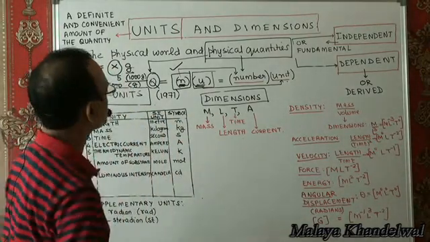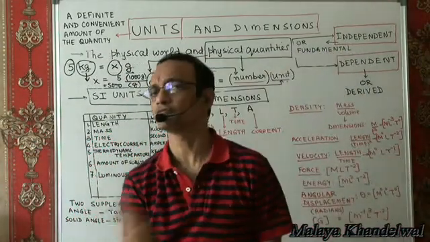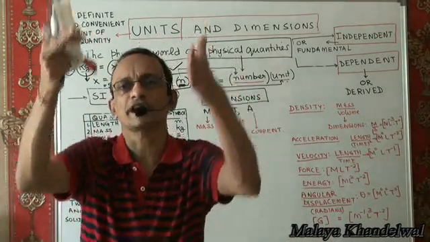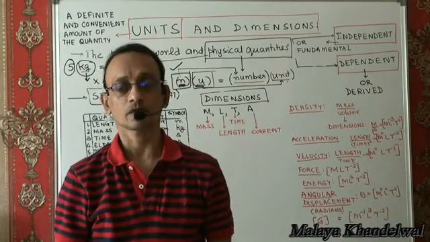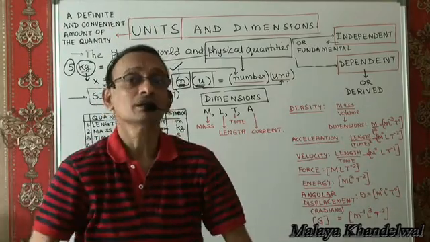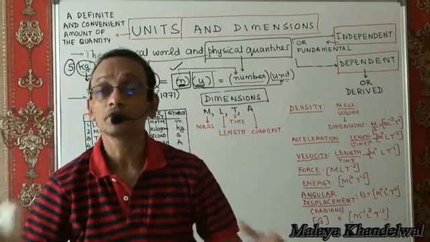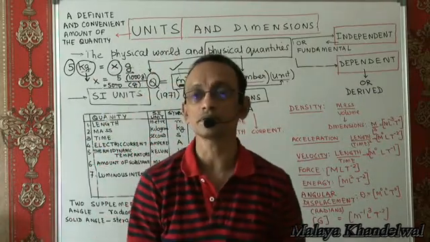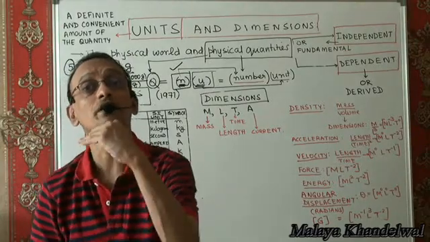That's a simple thought. Now, when we talk of units, we essentially then create a dichotomy, a divide of the physical quantities. We look upon certain physical quantities as fundamental or independent, and we look upon other physical quantities as dependent or derived.